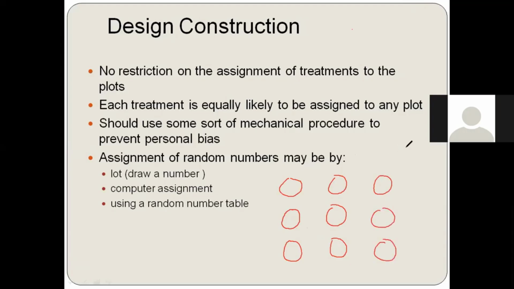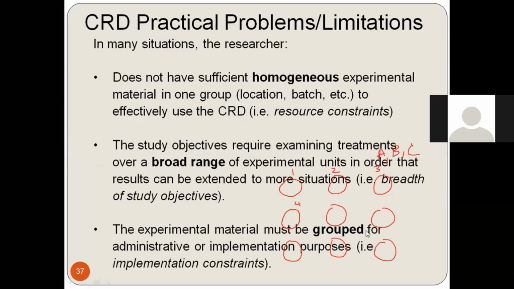I have 3 treatments. What are the treatments? A, B, C. What I can do is number the plots. This is 1, 2, 3, 4, 5, 6, 7, 8.